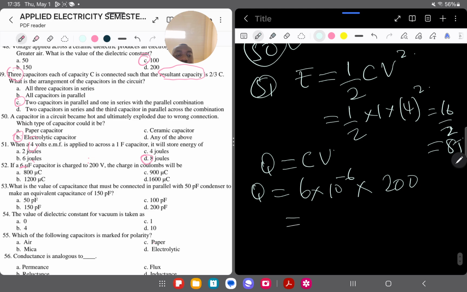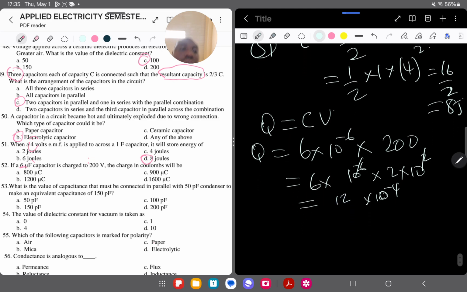When we do this, this will be 2 times 10 to the power 2, and 10 to the power minus 6 times that gives us 10 to the power minus 4. 6 times 2 will be 12. So we get 12 times 10 to the power minus 4 coulombs.